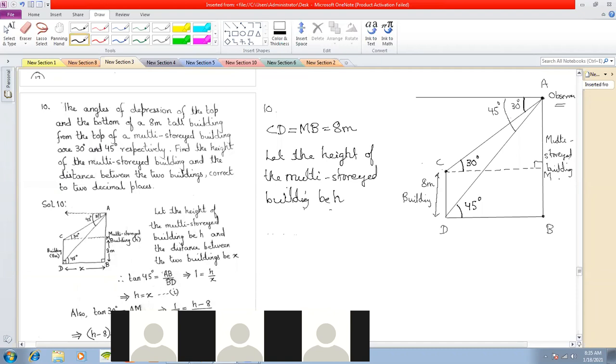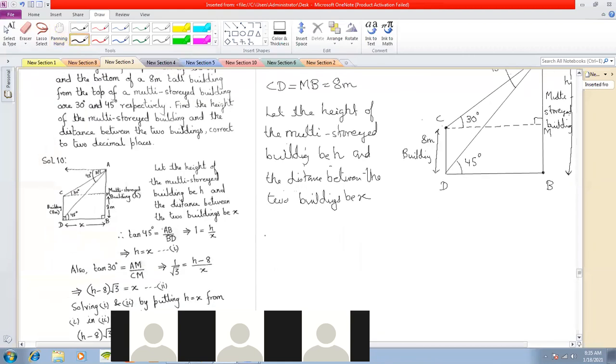Which one are we taking as h? We are taking this entire length as h, and the distance between the two buildings be x.